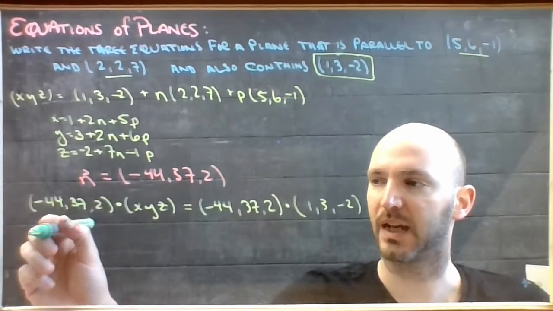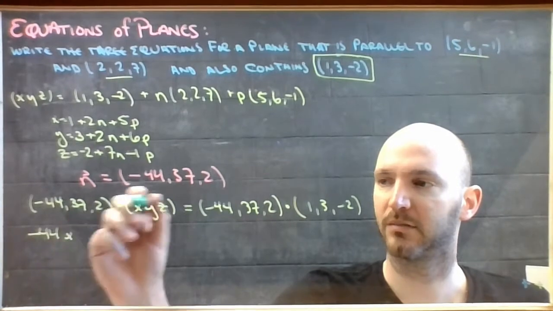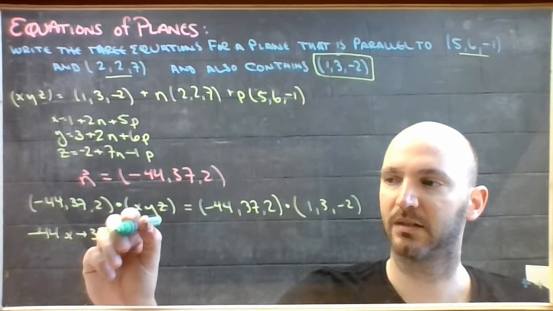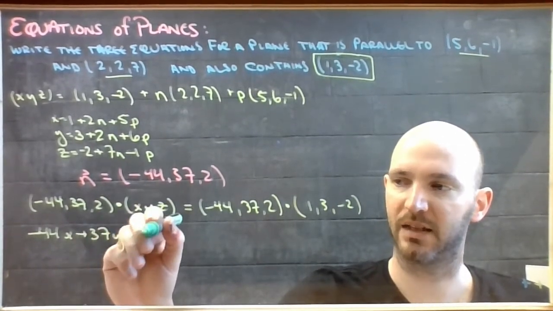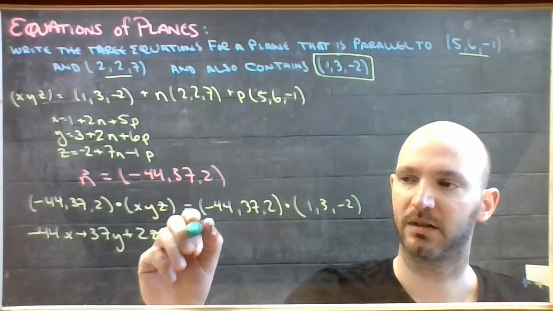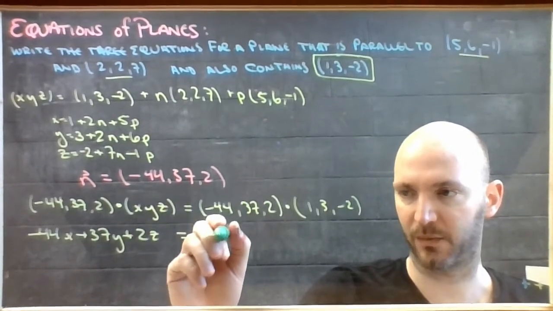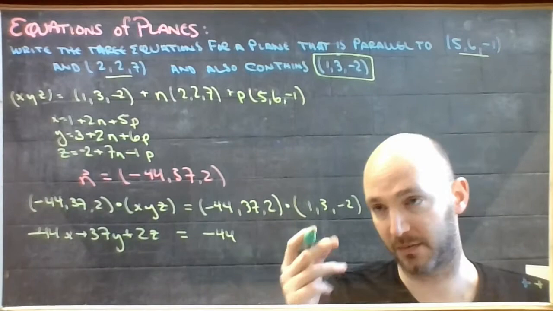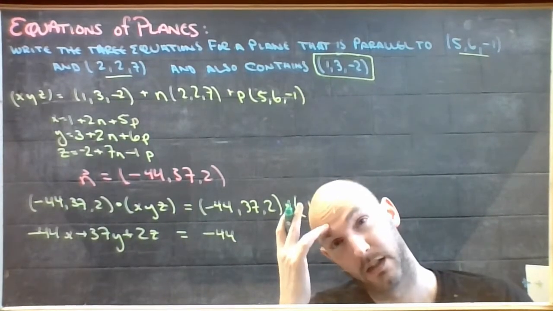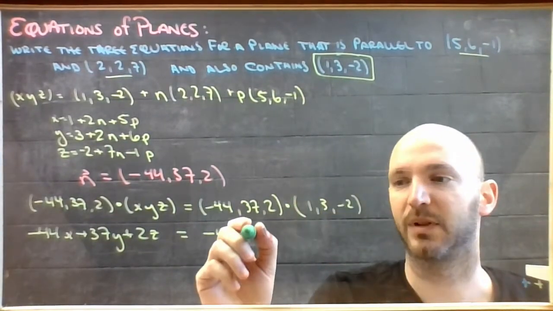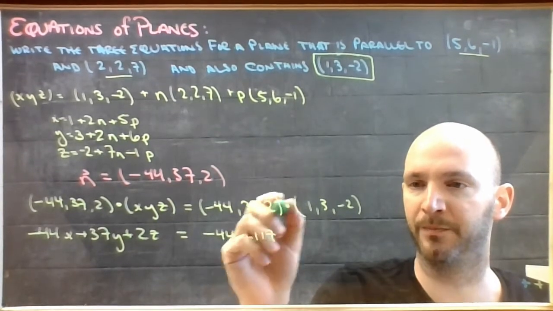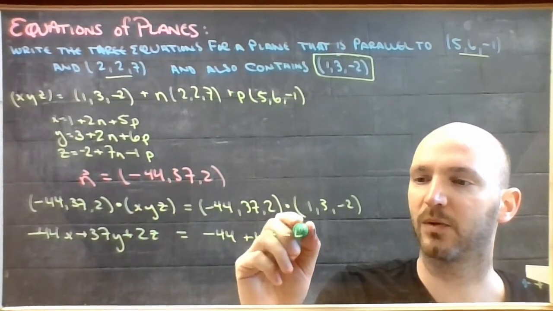So that would be negative 44x plus 37y plus 2z equals negative 44 times 1, 37 times 3 would be 90 plus 27 is 117. 2 times negative 2 is negative 4.